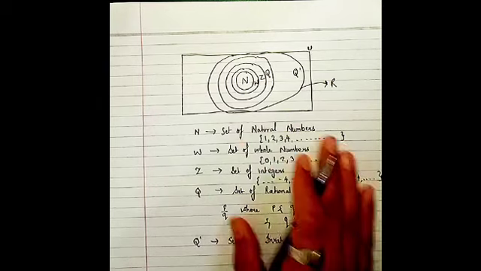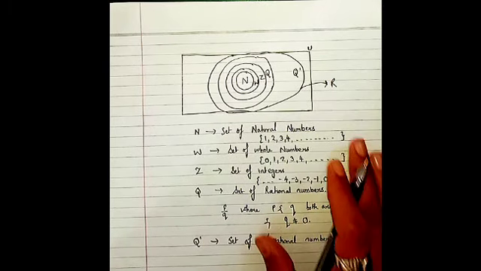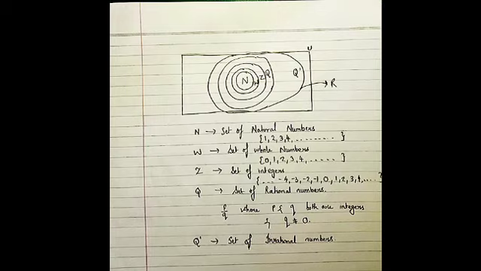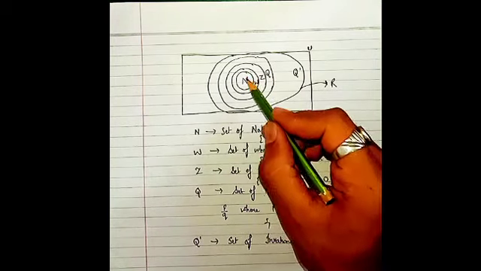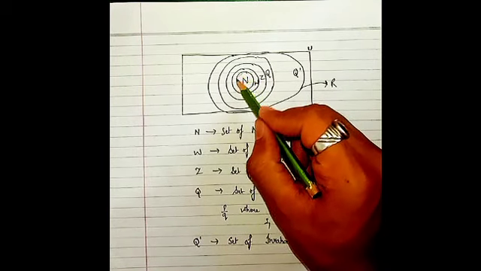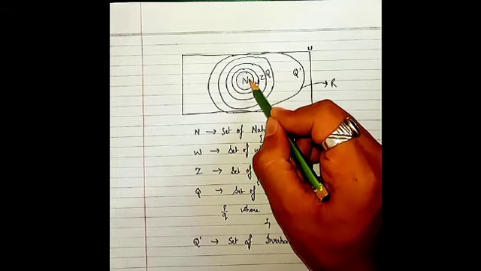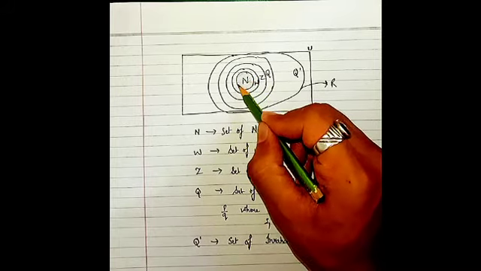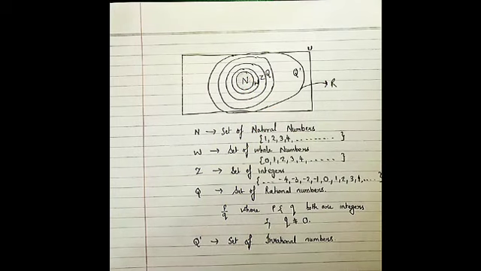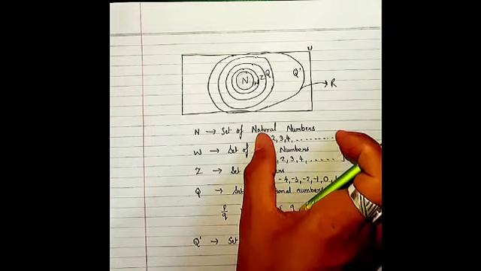Now, if I make a Venn diagram, it will look as follows. Here, I will keep N at the center, the set of natural numbers, because they begin from 1, 2, 3, 4 and so on, all positive integers. Except 0, all the numbers are natural numbers.